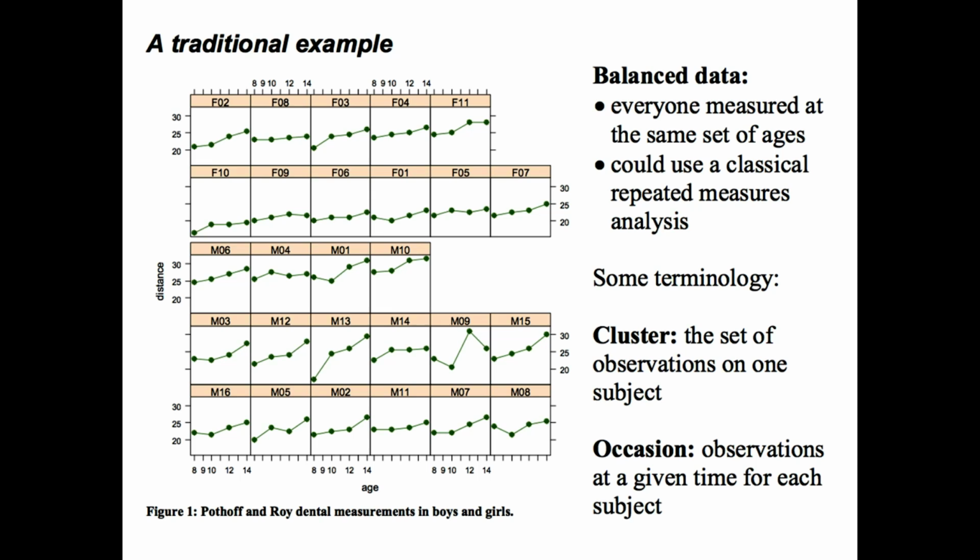The great thing about this is it's very balanced, so there's no missing data, which we know is very rare, but it's nice when we're working with that sort of data. For something like this, you could use a very classical repeated measures analysis, maybe in an ANOVA, but we're going to work through why maybe not. Yeah, you can come in. Thank you.